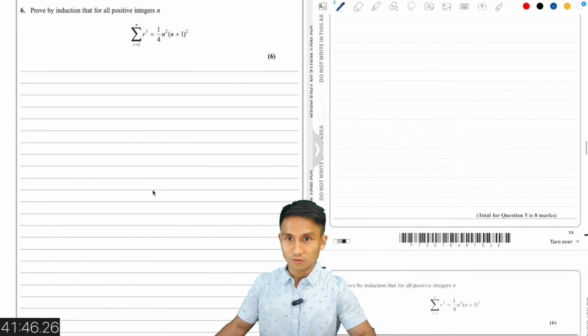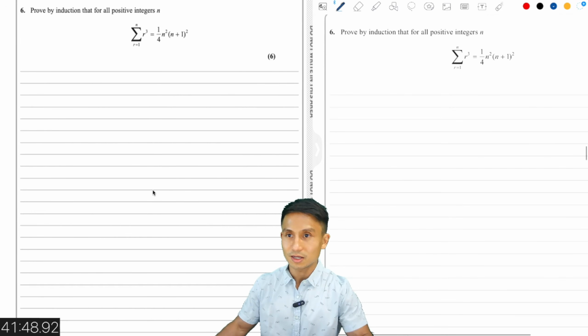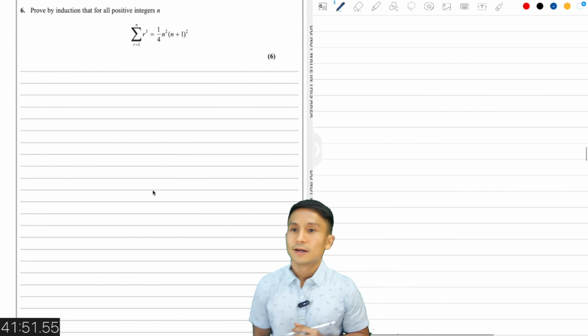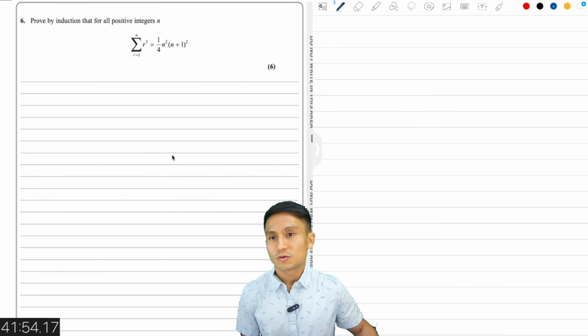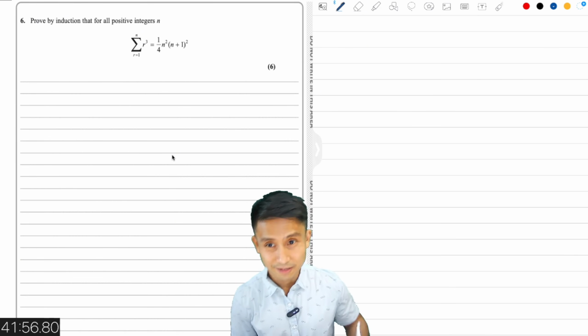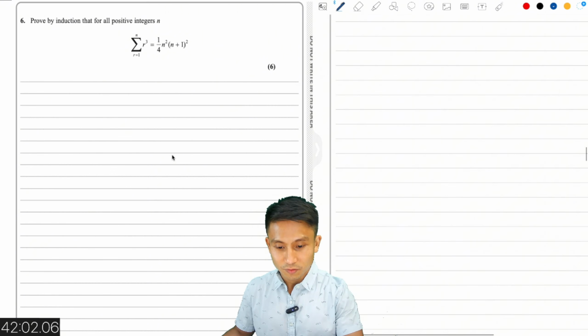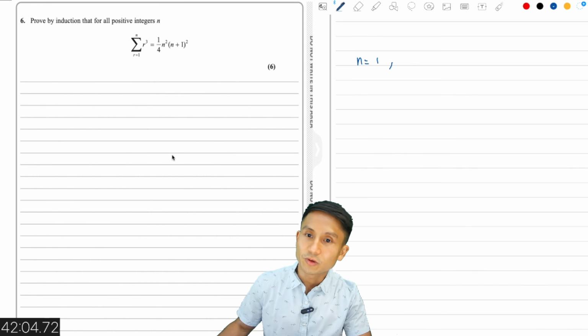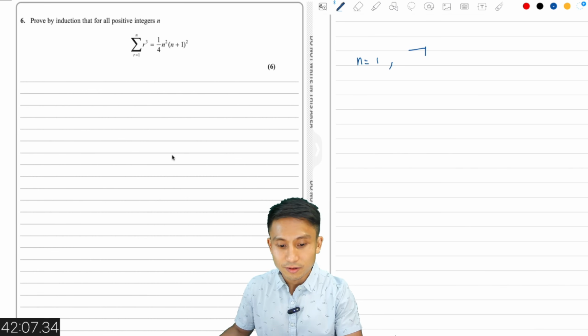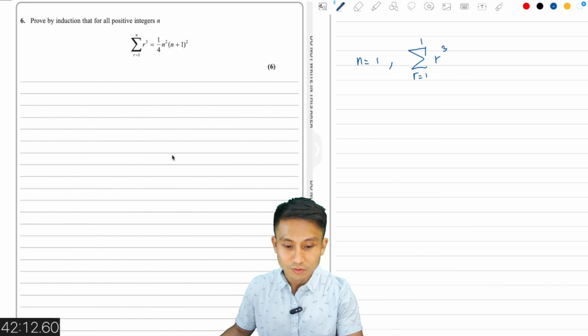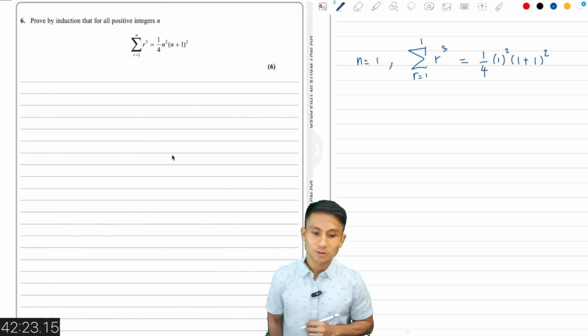Number 6, prove by induction for all positive integers n, so starting from n equals 1. So first step, for n equals 1, we have summation from r equals 1 to 1 of r to the 3 equals 1 over 4 n squared (n plus 1) squared.